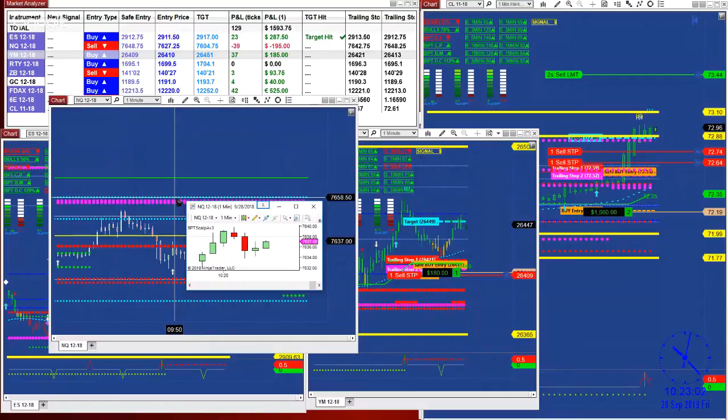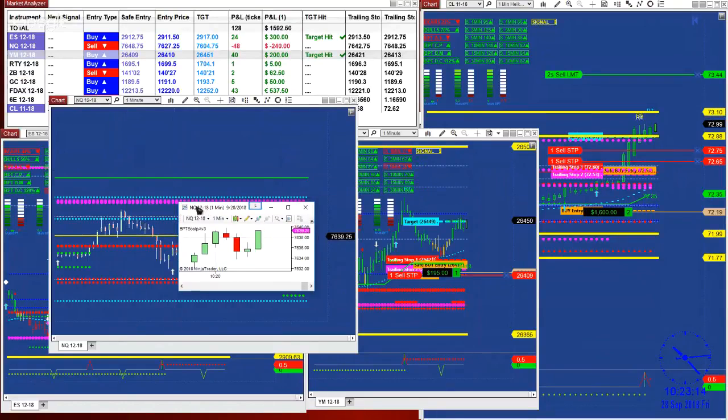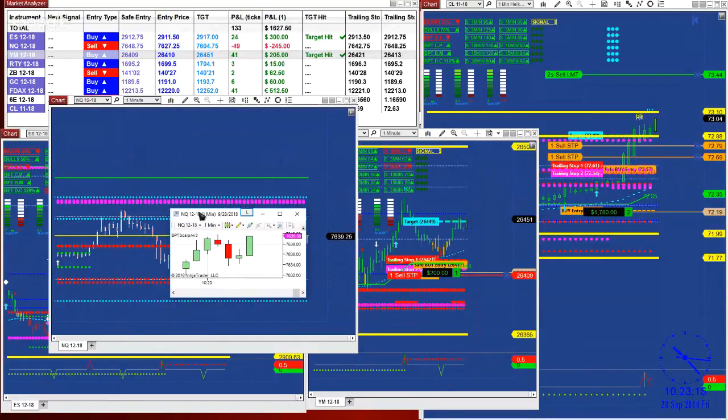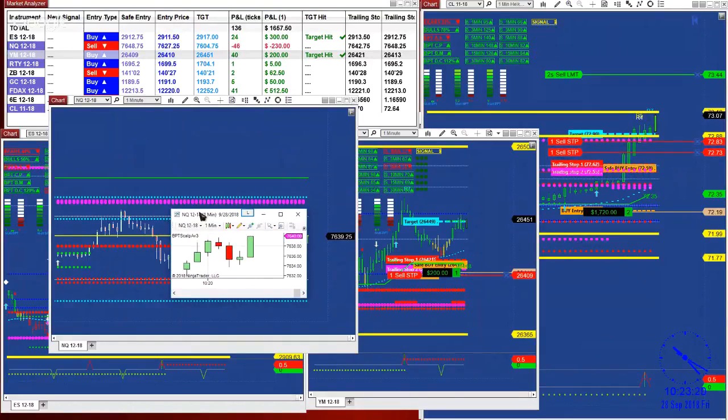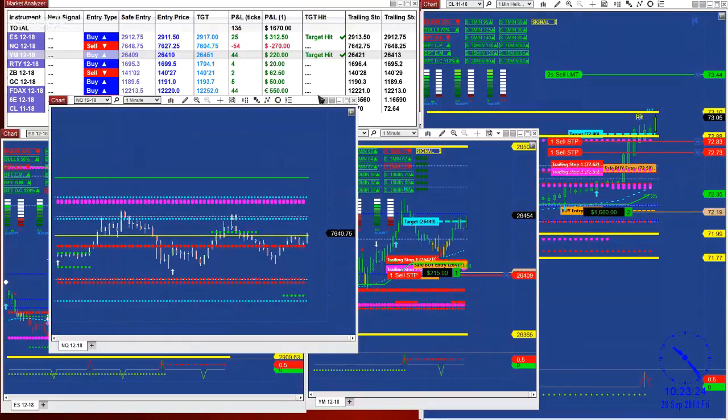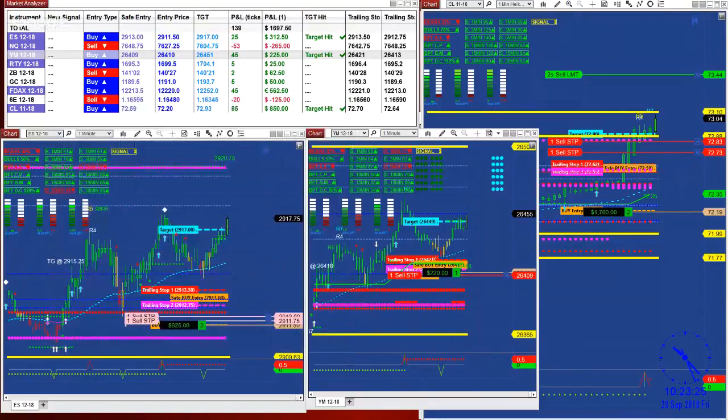No, they are the same numbers. They are the same number. Have you noticed the NT7 is one tick faster? I don't know. I don't want to even think about it.